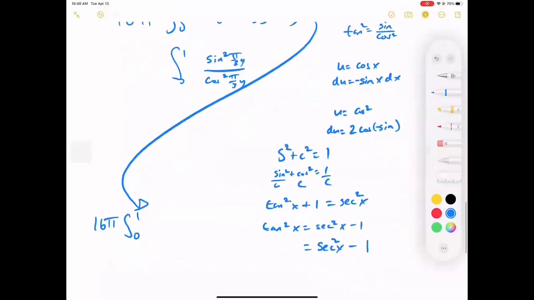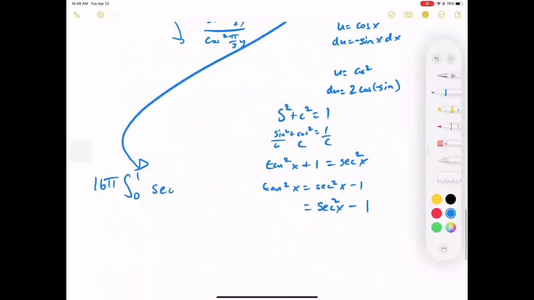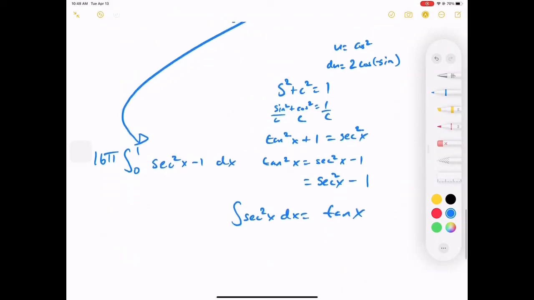We wrote tangent squared as secant squared x minus 1 dx. The integral of secant squared x dx is tangent of x. If you remember, the derivative of tangent is secant squared, the derivative of cotangent is negative cosecant squared, the derivative of secant is secant tangent, and the derivative of cosecant is negative cosecant cotangent.